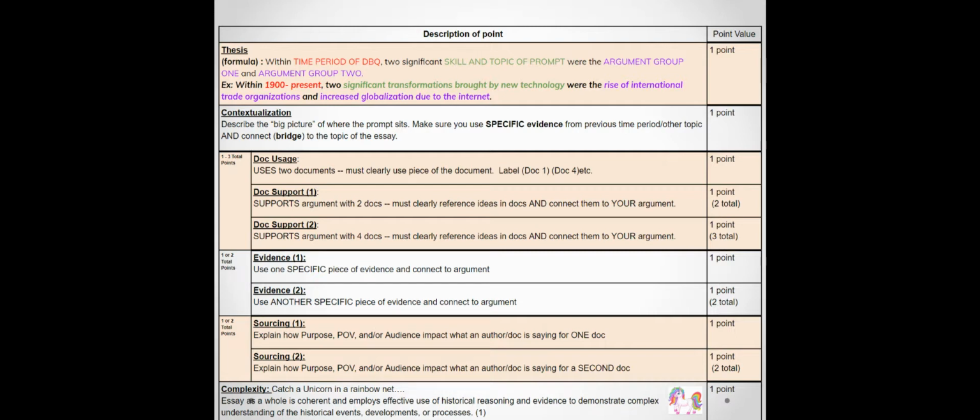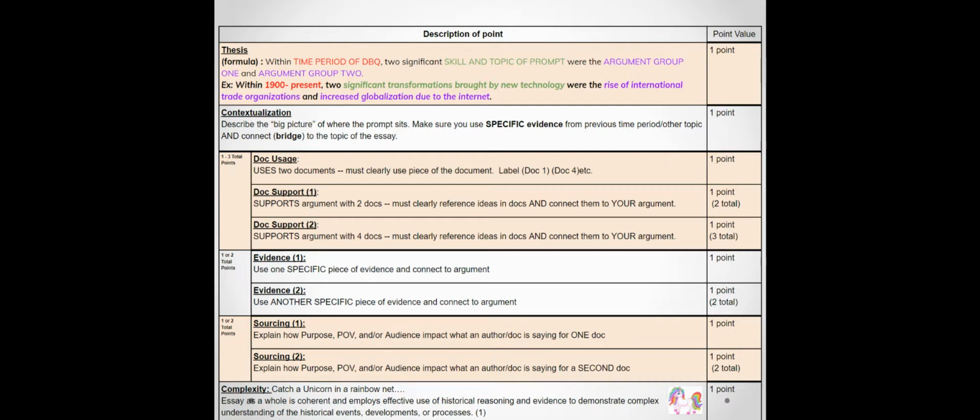What you learned this year was you had to bring in one piece of outside specific historical evidence and connect it to a single document to strengthen your argument, but also to show that you really understood the content of the document. You did that once and it got you a point. Well, now you have to do it again.